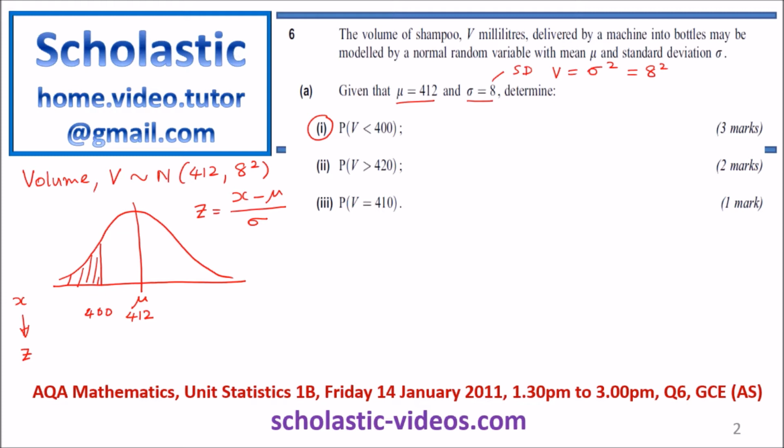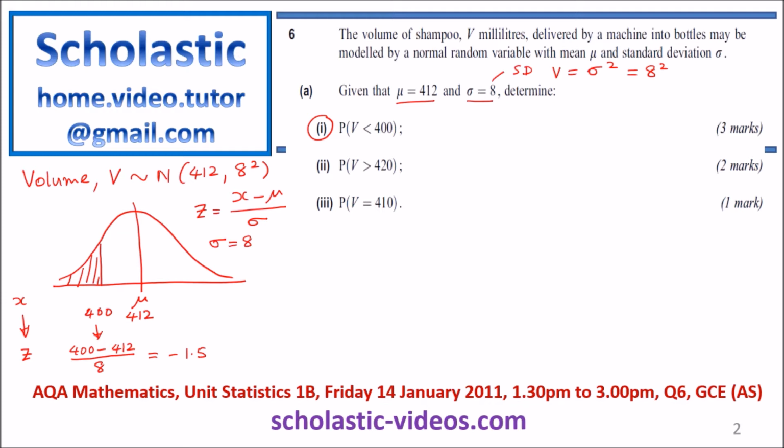Using that formula we can find the value of 400 in this case. So 400 converts into 400 minus 412, since mu is 412, divided by sigma, which is given as 8. When you simplify this, we get a value of minus 1.5.